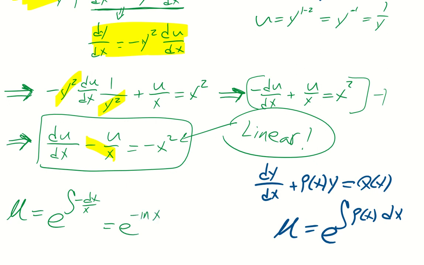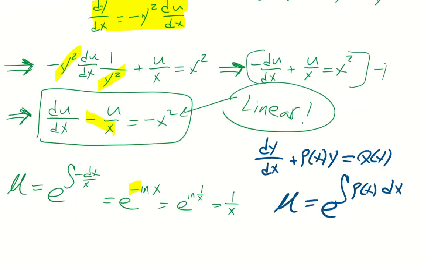We're not going to worry about absolute value signs. And this is an exponent. This is a logarithm. So we can, so to speak, move that minus sign. Really, it's a power, if you will. So this is the same thing as e to the natural logarithm of 1 over x. And we have inverses there, so that's just 1 over x. So mu happens to be 1 over x.